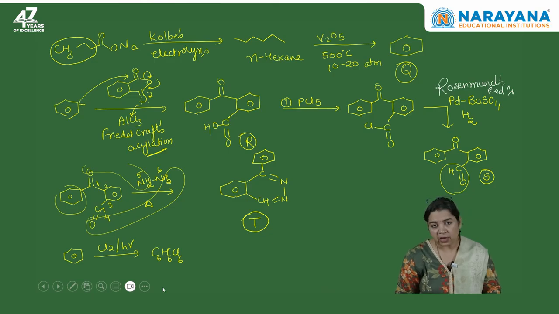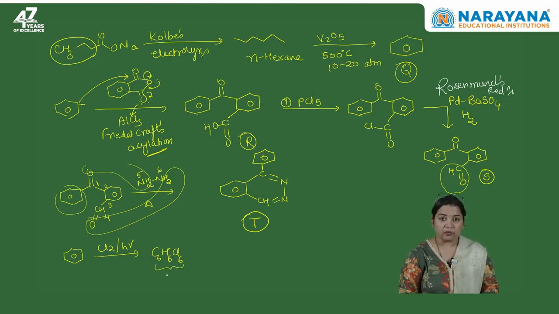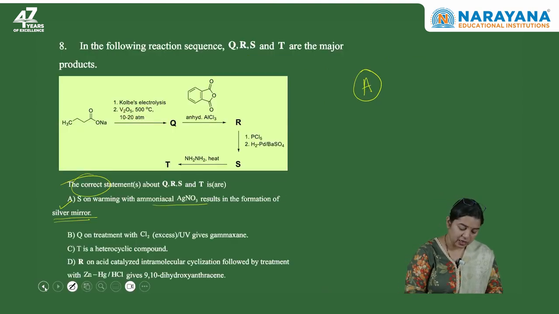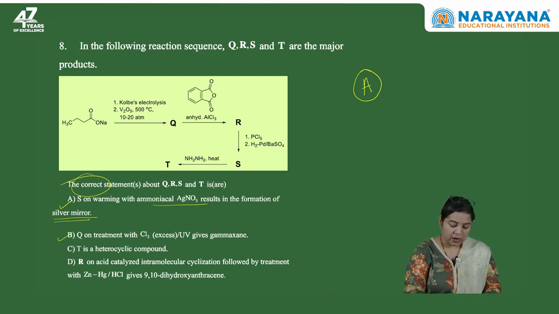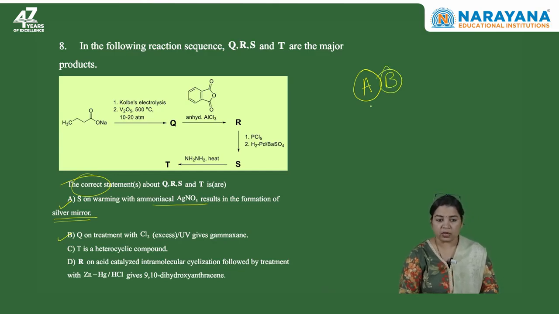Some of its isomers are very well known pesticides and insecticides. One of them is the gammexane insecticide. We commonly call it BHC, we call it 666, hexachlorocyclohexane, and many different names are famous for it. Now, we find statement B to be part of our answer, as it is a true statement.